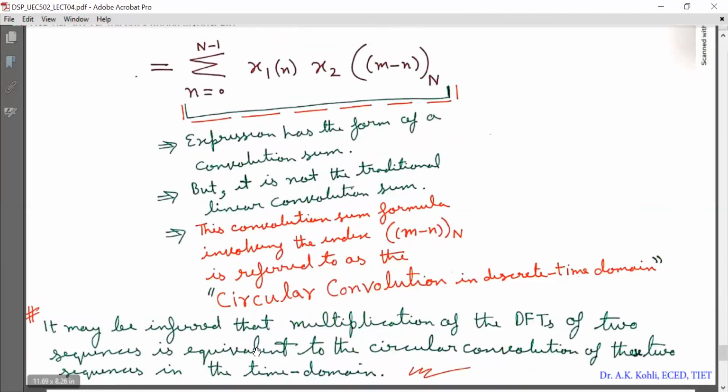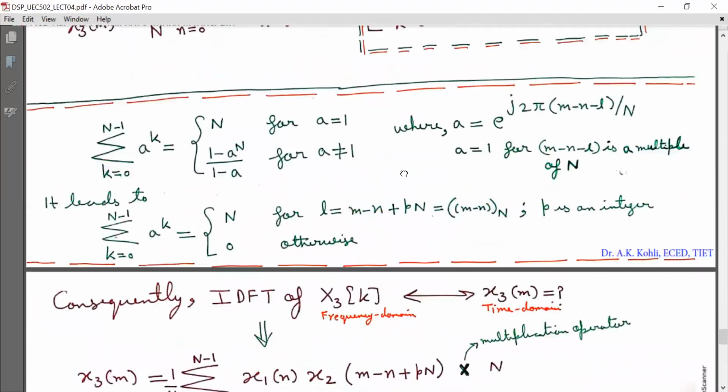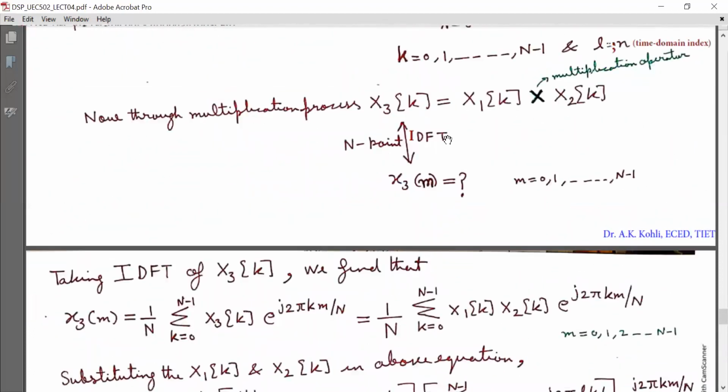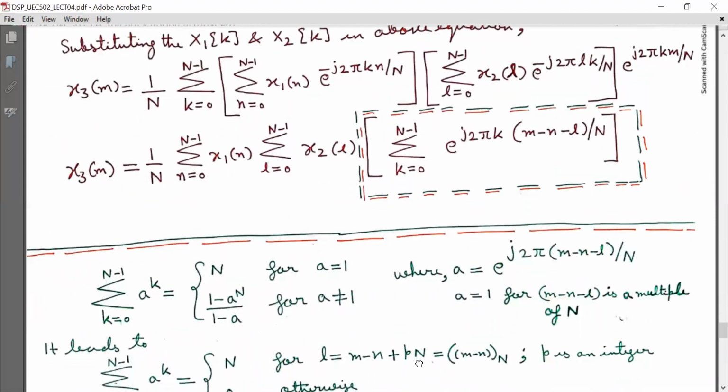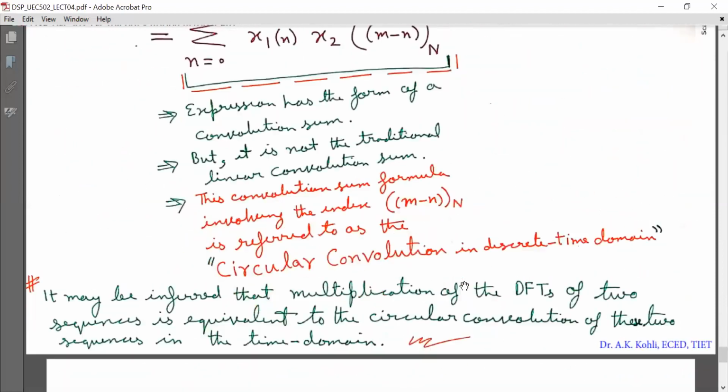So it may be inferred that multiplication of the DFTs of two sequences in frequency domain is equivalent to the circular convolution of these two sequences in the discrete time domain.